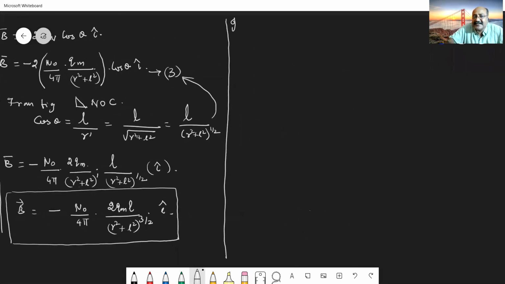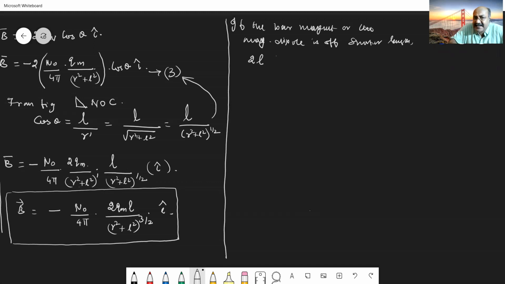If the Bar magnet or the magnetic dipole is of shorter length, that means the length 2L is less than that of R. So the semi-length L is very, very much less than R, or L square is very, very much less than R square.